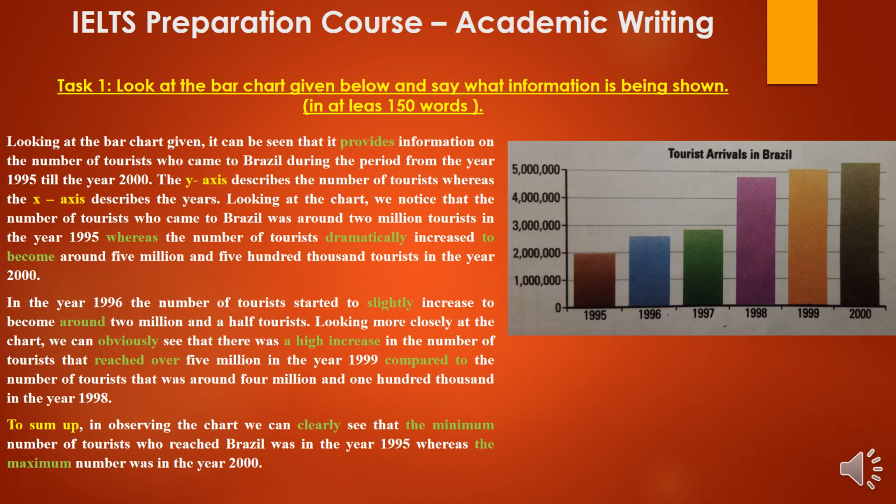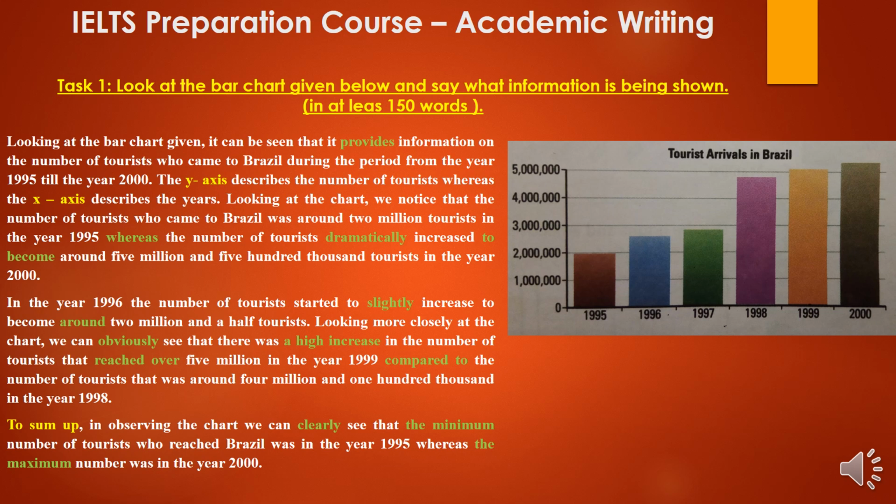Looking at the bar chart given, it can be seen that it provides information on the number of tourists who came to Brazil during the period from the year 1995 till the year 2000. The y-axis describes the number of tourists, whereas the x-axis describes the years.